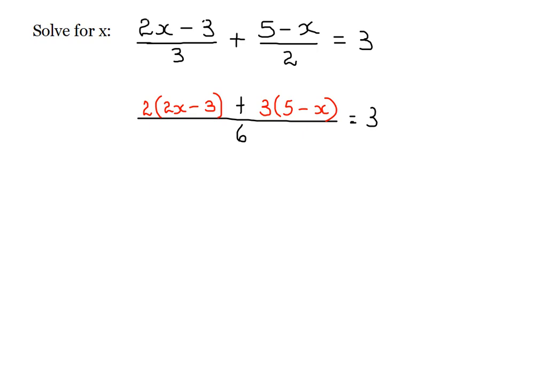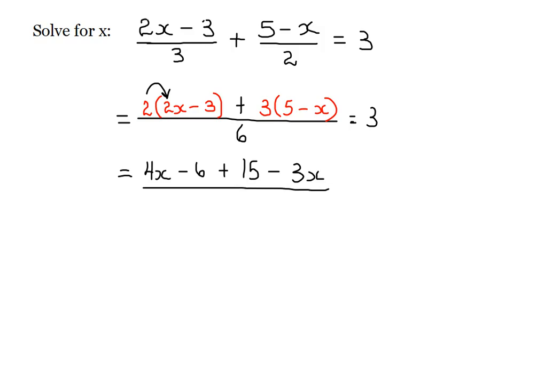So expanding my brackets using distributive law, I'll get 2 times 2x, which will give me 4x, and 2 times minus 3 is minus 6, plus 3 times 5 is 15, and positive 3 by negative x is going to give me negative 3x.